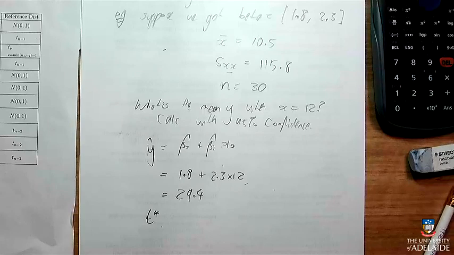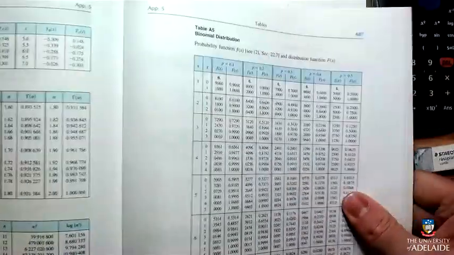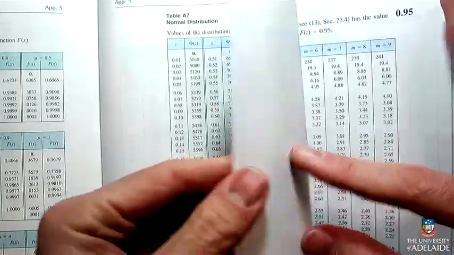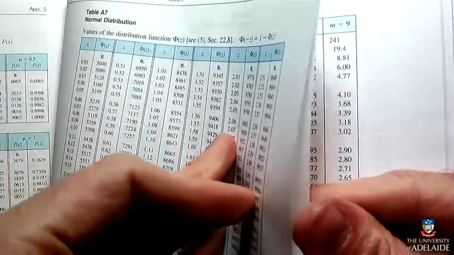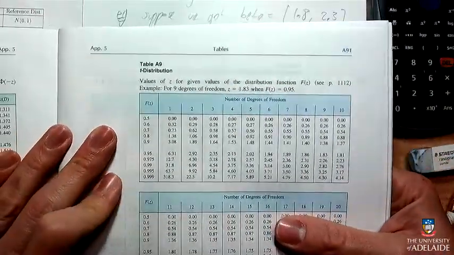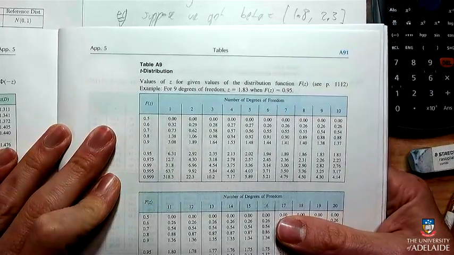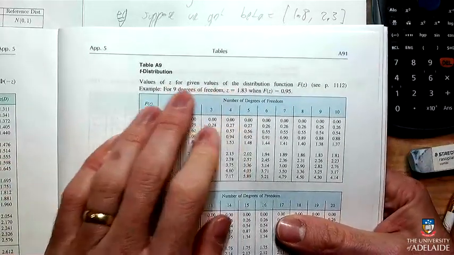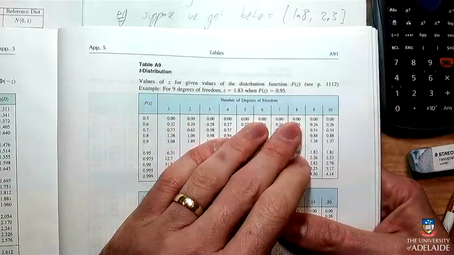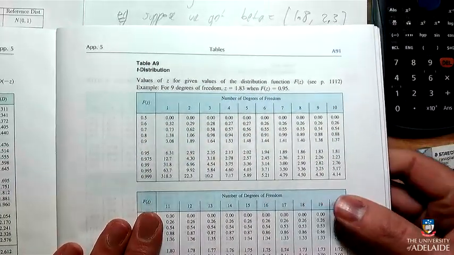I'm just going to get my great big book of everything. Normal distribution. T distribution. This looks good. Okay, so just a second, I'm just going to need to draw a picture.